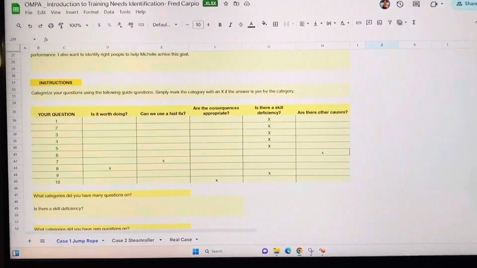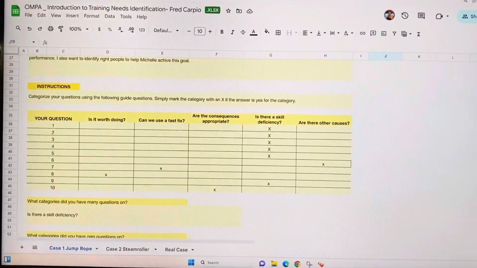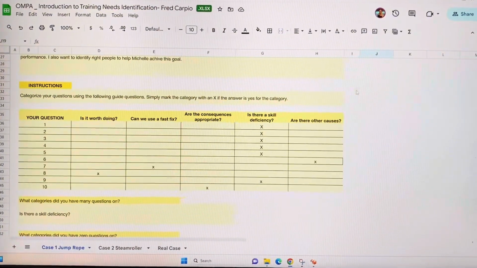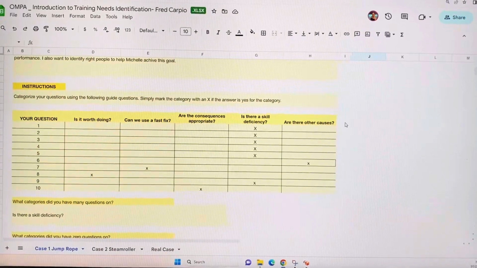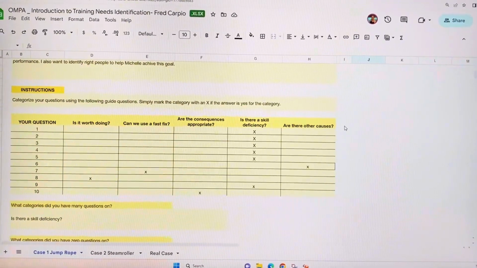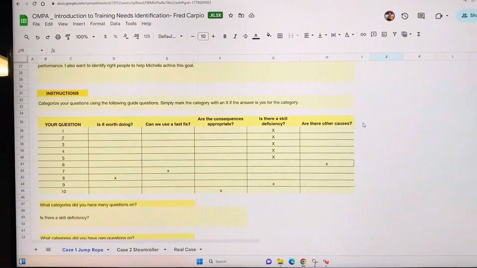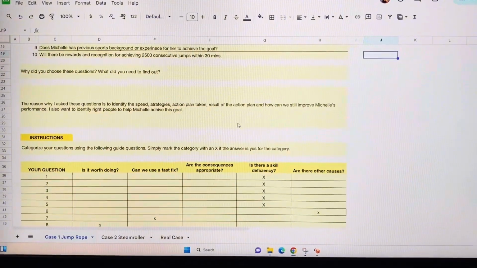So that's the reason why it fell on number 6, the other causes question. For number 7, what are the tools? Definitely that's, can we use a fast fix, because we can just change the tool, we can just change the jump rope. Number 8 will fall in, is it worth doing?